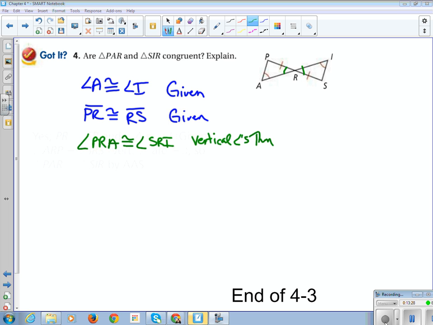So I can say that triangle PAR is congruent to triangle SIR by the angle, angle, side.